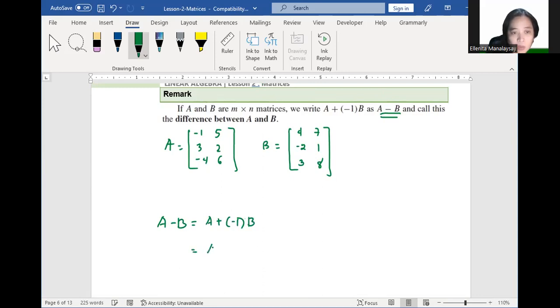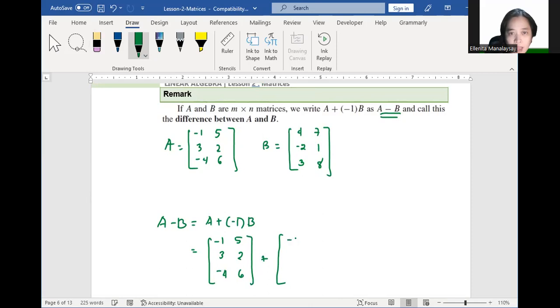So this is equal to the entries of A, which are negative 1, 5, 3, 2, negative 4, 6, plus we take the negative of B. So the scalar product, all we need to do is to multiply each entry of B by -1.